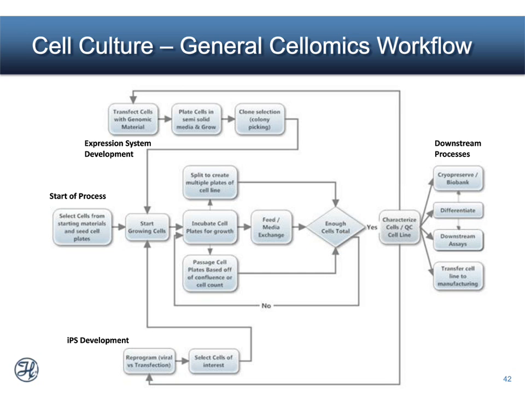A typical example of one downstream assay would be an expression development system, where once you've expanded your cell line, you might want to transfect it with some kind of genomic material and place those cells out in, say, semi-solid media for antibody production, and then select the clones that you're interested in based off what kind of expression criteria you're interested in selecting for.